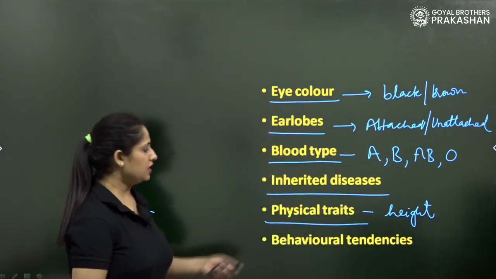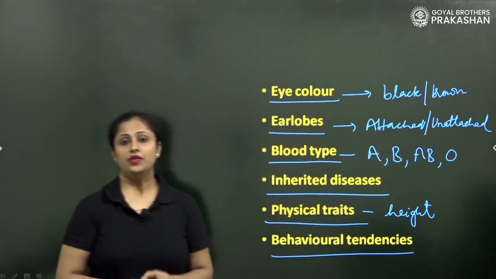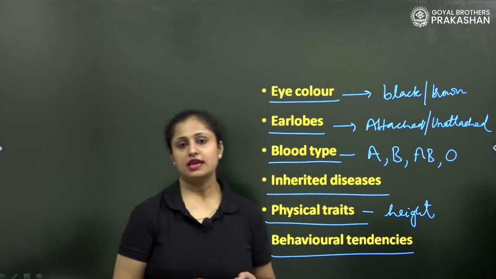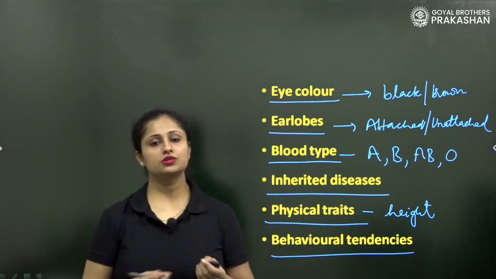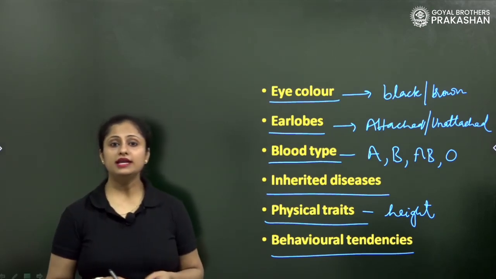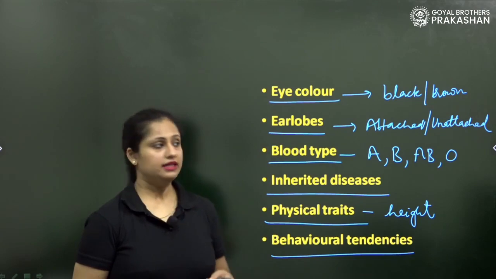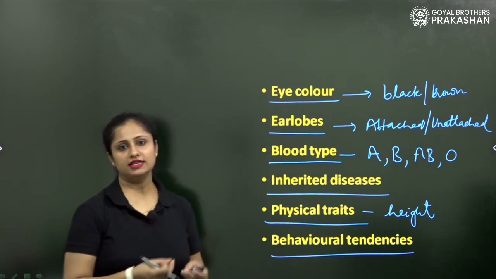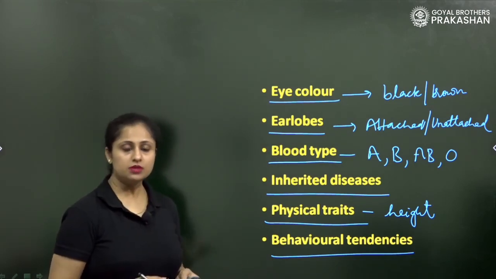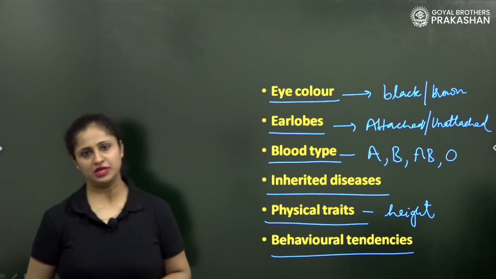Now come to another point, that is behavioral tendencies. Behavioral tendencies can also pass on from parents to their next generation or offspring. You might have seen some habits in you that are similar to your parents or one of your parents. So it means behavioral characteristics also pass on from parents to their offspring.